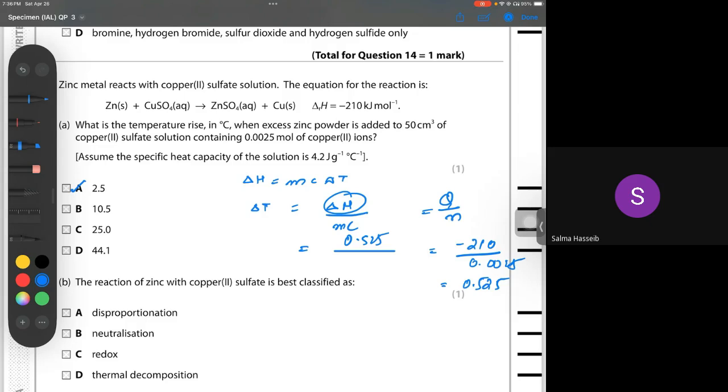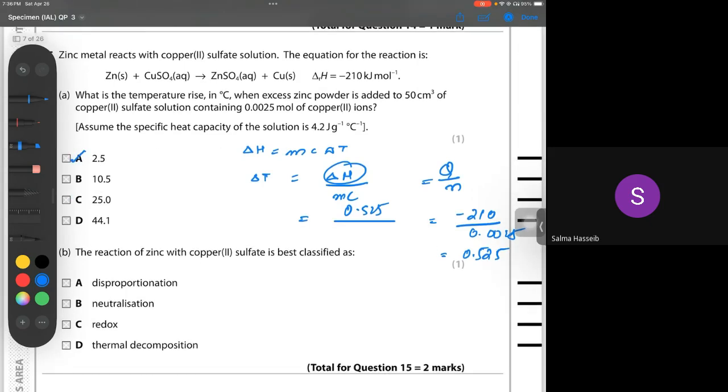I equated the joules to Q equals MC delta T. Then you found the temperature, right? Yeah, the same thing I was saying to you, that is delta H over MC.